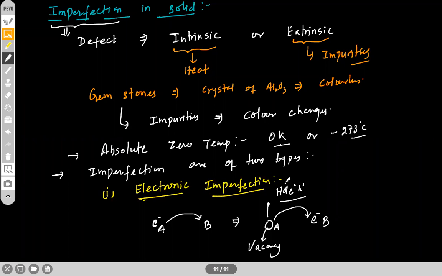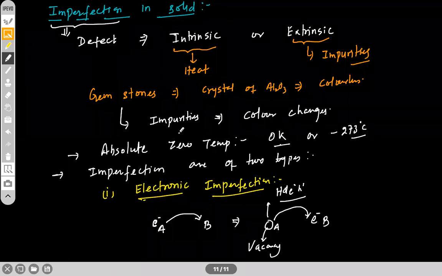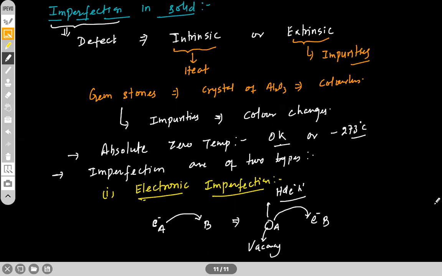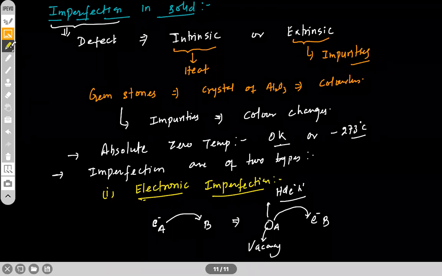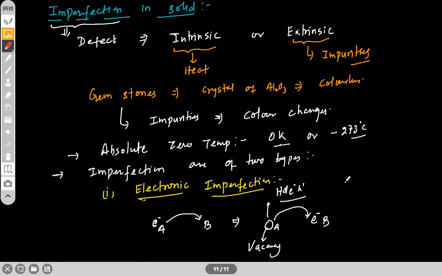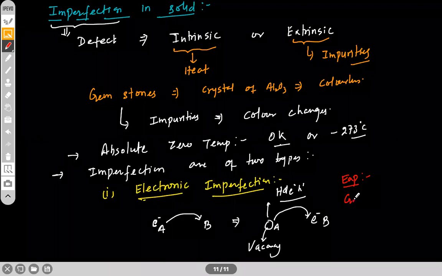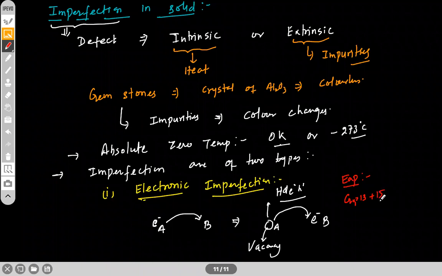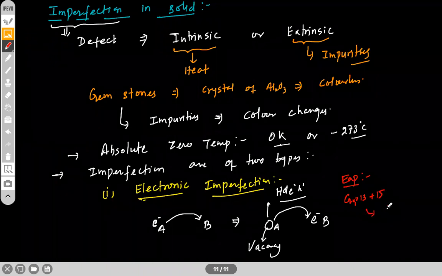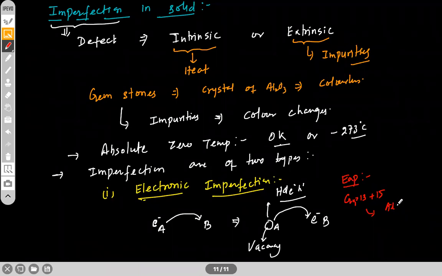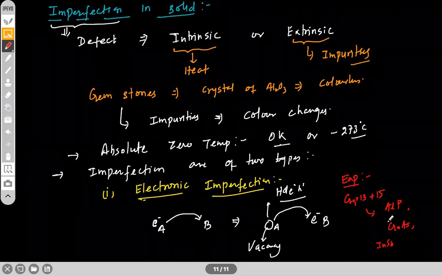Electronic imperfection. For example, if elements of group 13 are mixed with group 15, for example AlP, aluminium phosphide, gallium arsenide, indium bismuth, all these show this kind of imperfection, that is electronic imperfection.